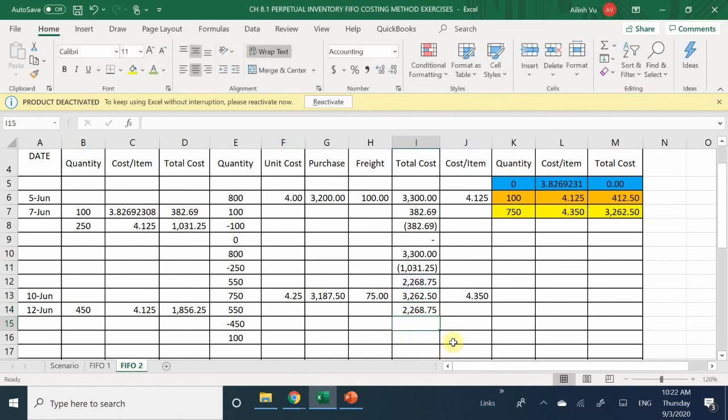Good. How much are we actually subtracting? 1856.25. Good. So we should have a grand total of how much? 412.50. Exactly. 100 items at $4.125 gives you 412.50.